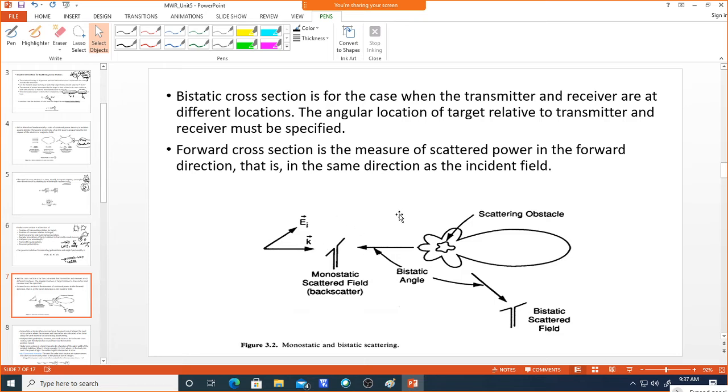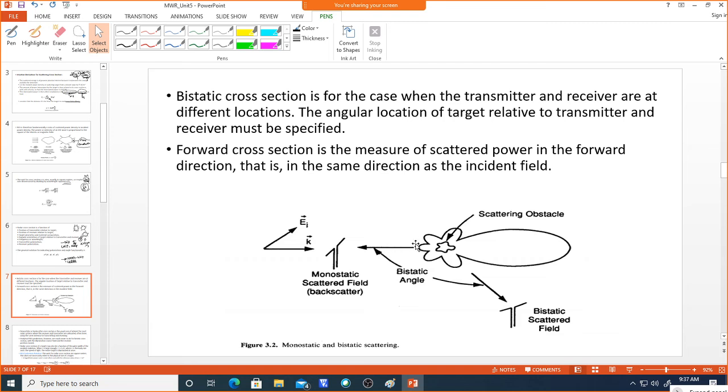Once you transmit the signal, the target intercepts the power and reflects it back, and the reflection is taken through the same antenna. Finding the radar cross section of the target with the same transmitter and receiver is called monostatic RCS.